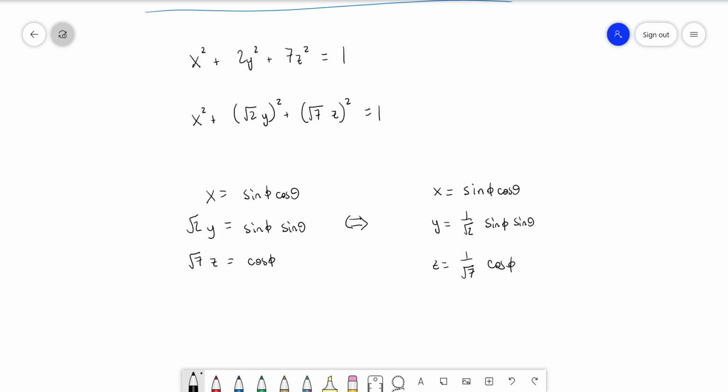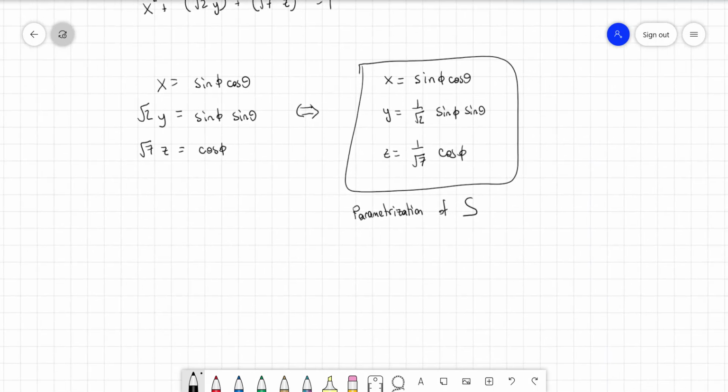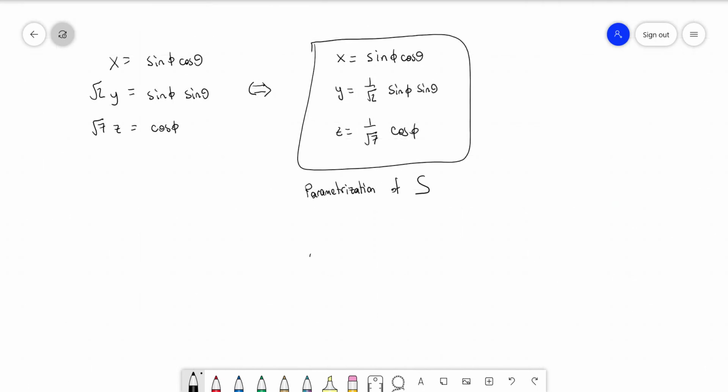All right, so then this would give us a parameterization for our ellipsoid S. Specifically, I could use these three equations to define my parameterization sigma. Instead of using u and v, I'm using phi and theta for the variables.